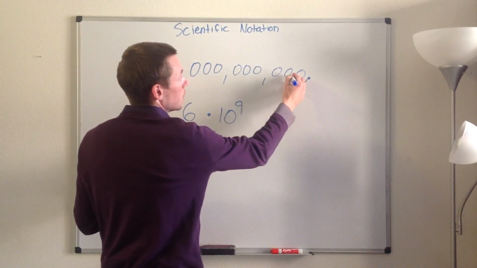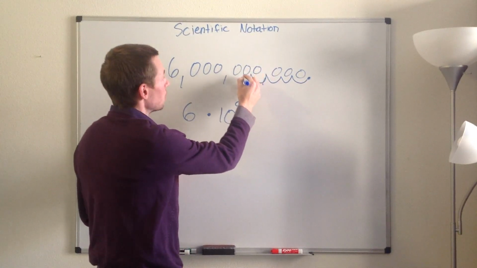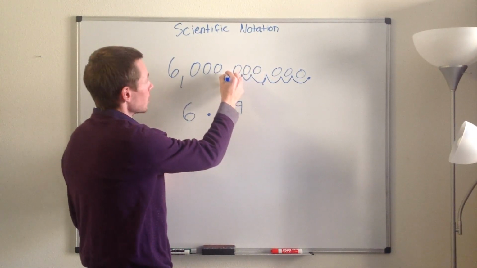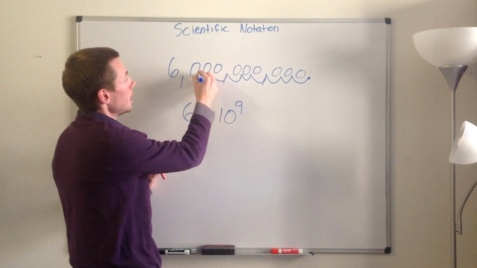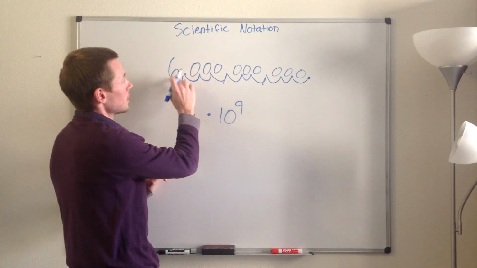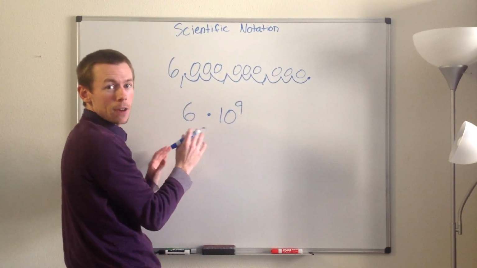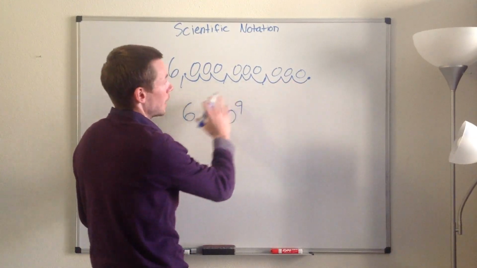So 1, 2, 3, 4, 5, 6, 7, this would put me at 600, 8 puts me at 60, and then 9 spots puts me at 6.0. So I'm finally in between 1 and 10 by moving 9 spots.